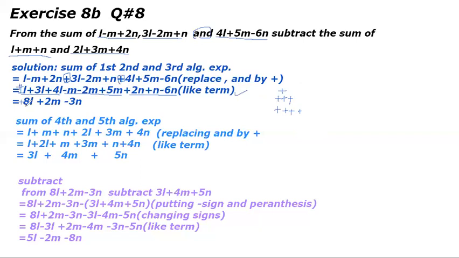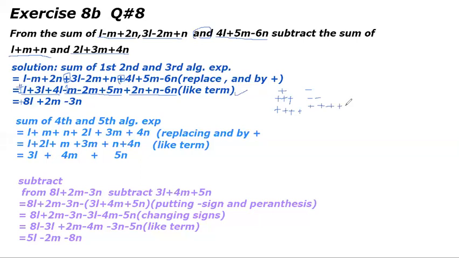So 8 times L, this is 8L or positive 8L, both are the same. Now for M: negative M means negative 1M, its coefficient is 1. So negative 1M means negative M 1 time. Negative 2M means negative M 2 times, and positive 5M means positive M 5 times.